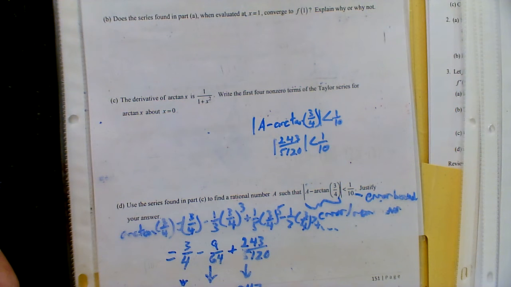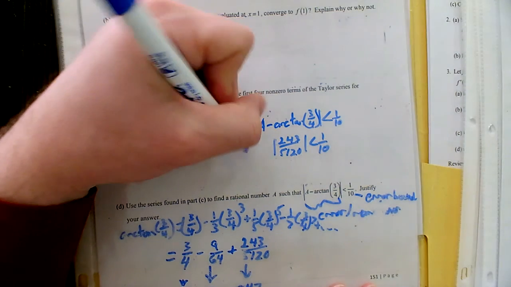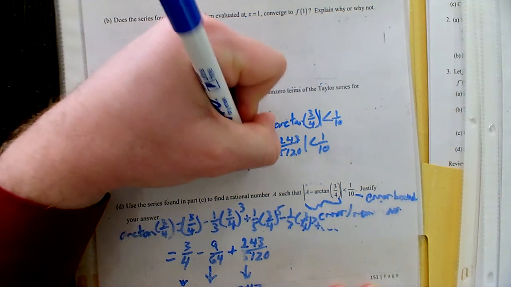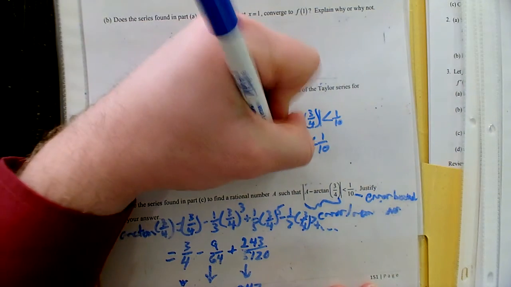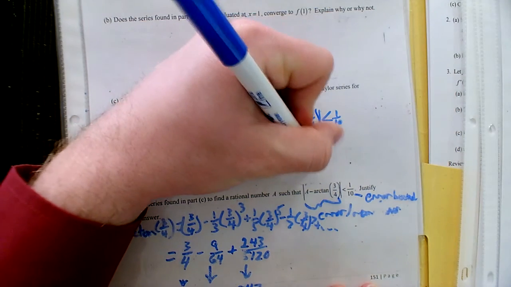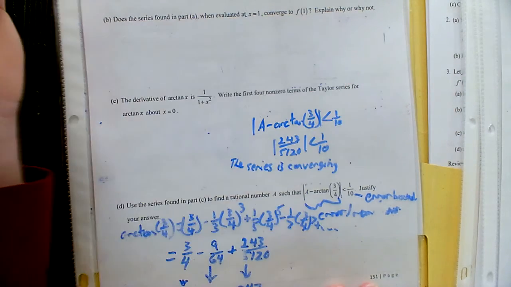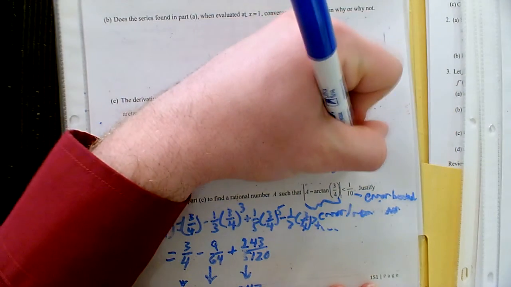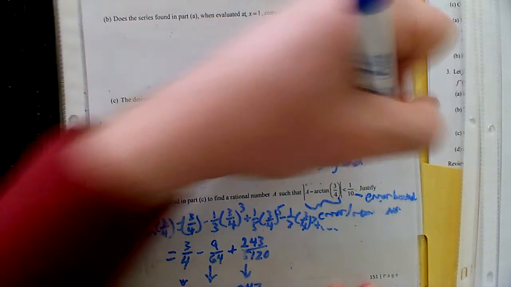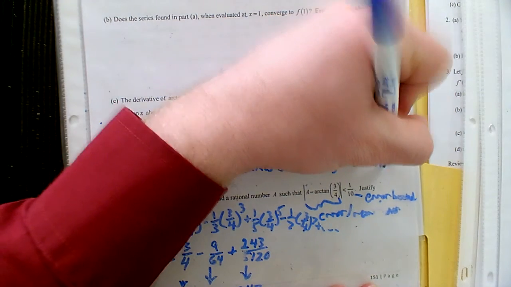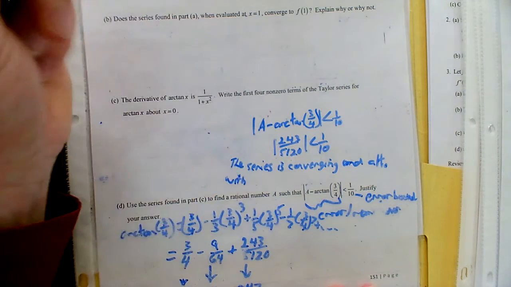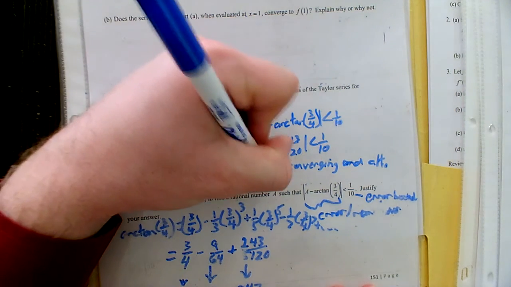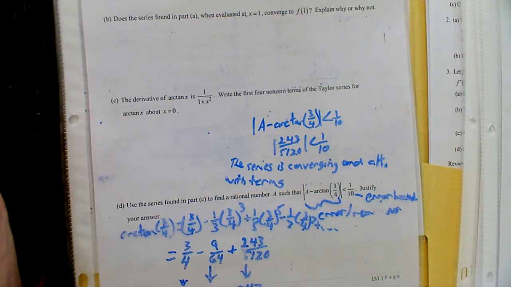So now again, we used alternating series, that's what we were referring to. So our conclusion: the series is converging and alternating with terms that do what?